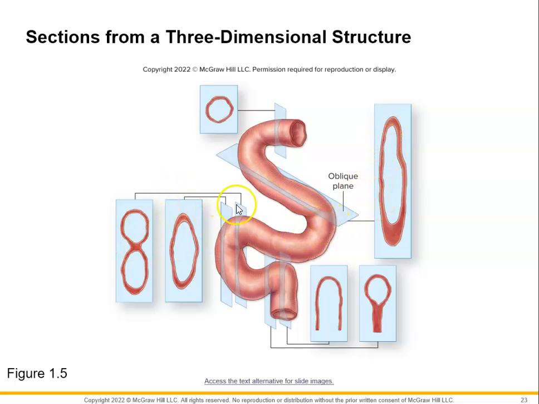Well, let's look right over here. If we do these two sections, this one produces two circular structures. This one that's a little bit further to the left gives us a nice big oval. And you can see right here as well how, if you cut two sections right here, it gives you very different views depending on where that cut is made.